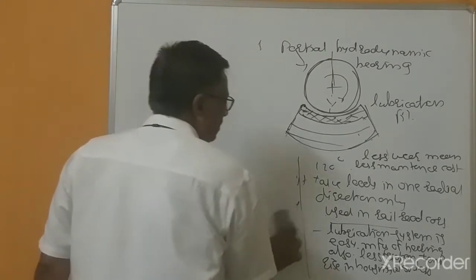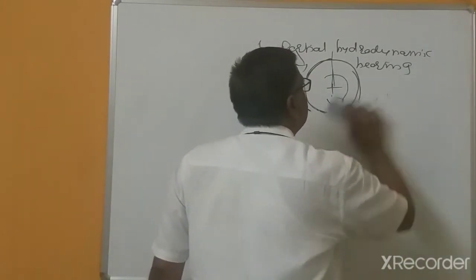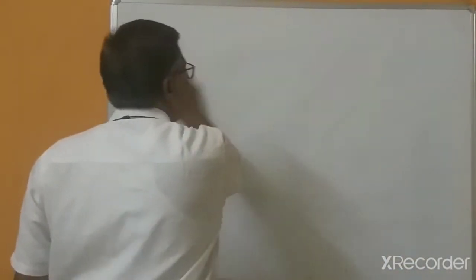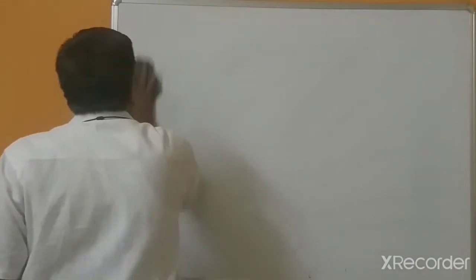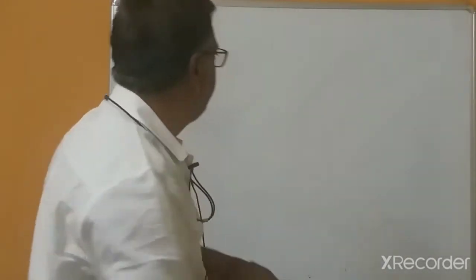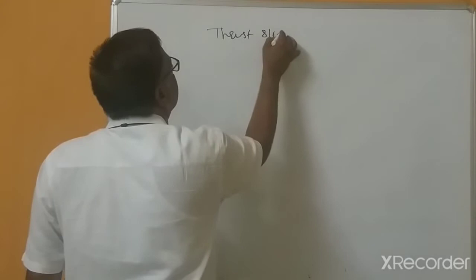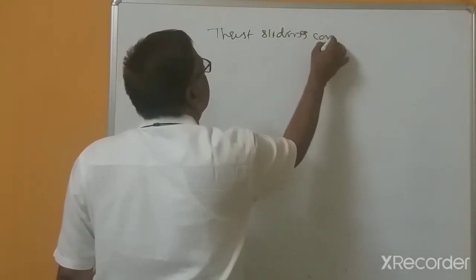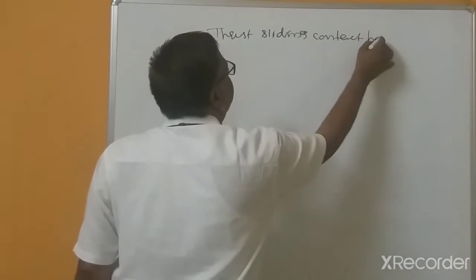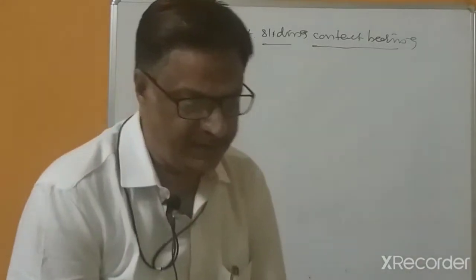Again, next are thrust bearings. In thrust sliding contact bearings, there are two types of thrust bearings.